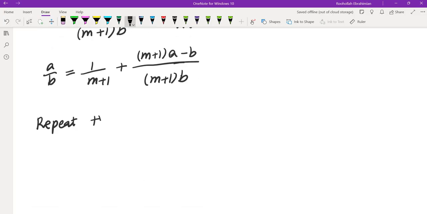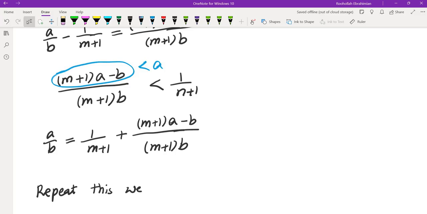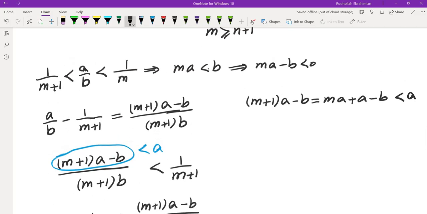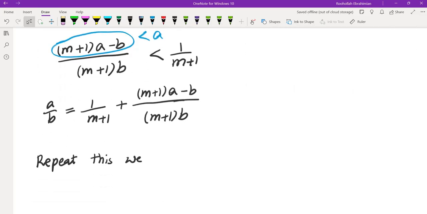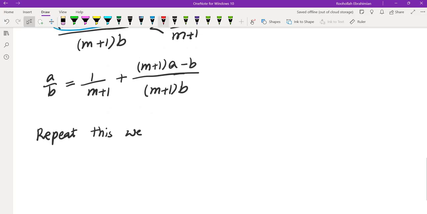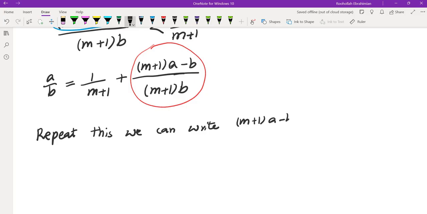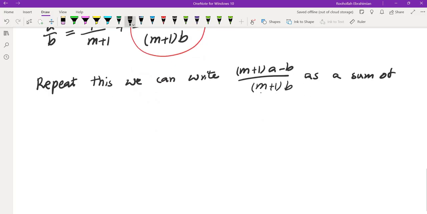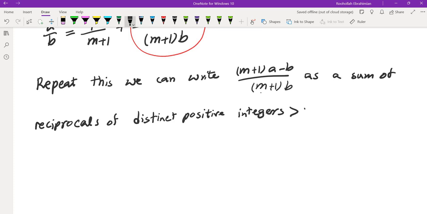Now if you repeat this, and we know that this is even less than 1 over n plus 1, which means we can write down this one, (m plus 1)a minus b over (m plus 1)b, as a sum of reciprocals of distinct positive integers more than n plus 1.